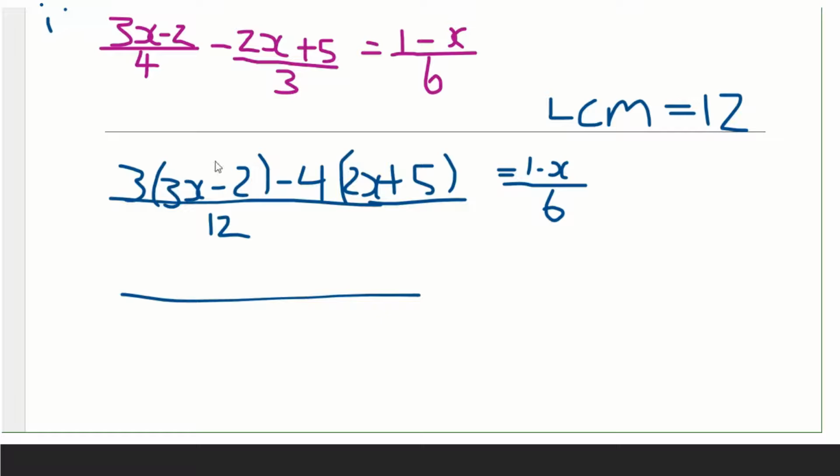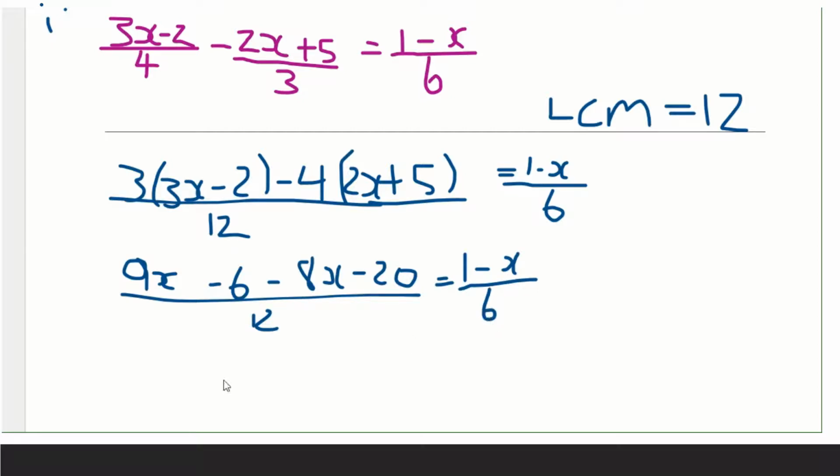Doing that, we have 3 times 3x, so that's 9x, minus 3 times 2, that's minus 6, and minus 4 times 2x, that's minus 8x, minus 4 times 5, that's minus 20, and that's over 12, and again that's equal to 1 minus x over 6.